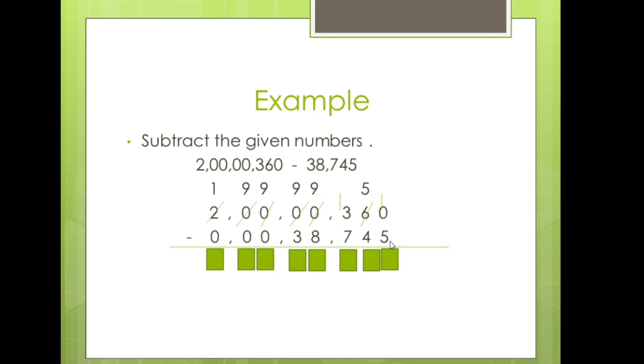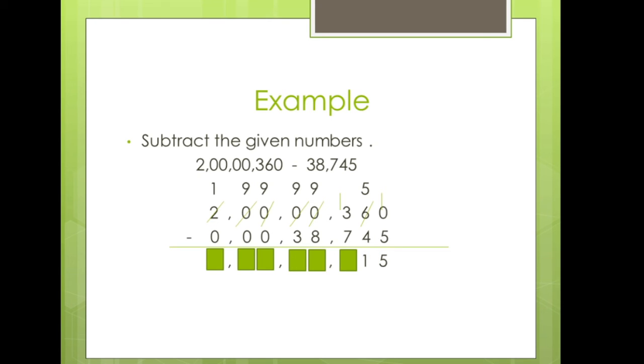So this time it is 0 minus 5. I can't do 0 minus 5, so I will have to borrow 1 from 6. So it will become 10. 10 minus 5 will become 5. Now, as I have taken 1 from this 6, 6 minus 1 is 5. So 5 minus 4 will give you 1.